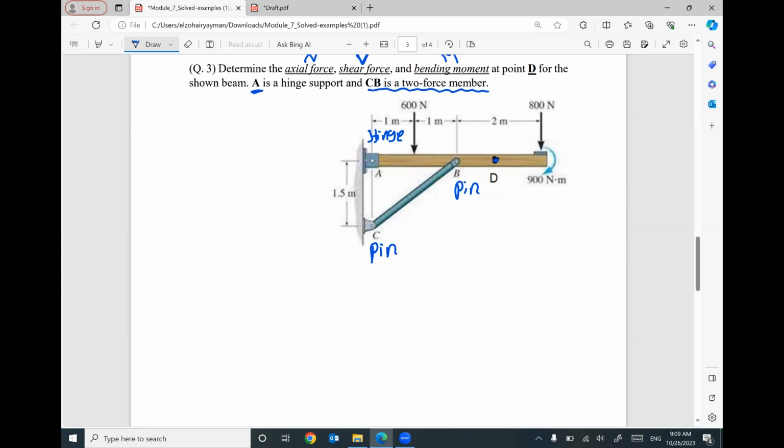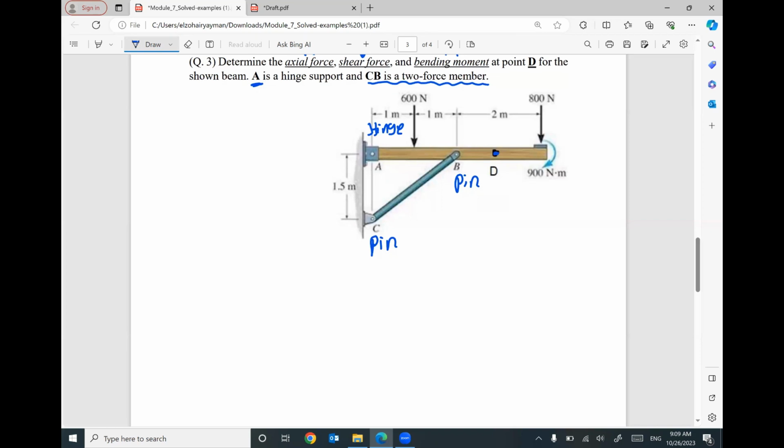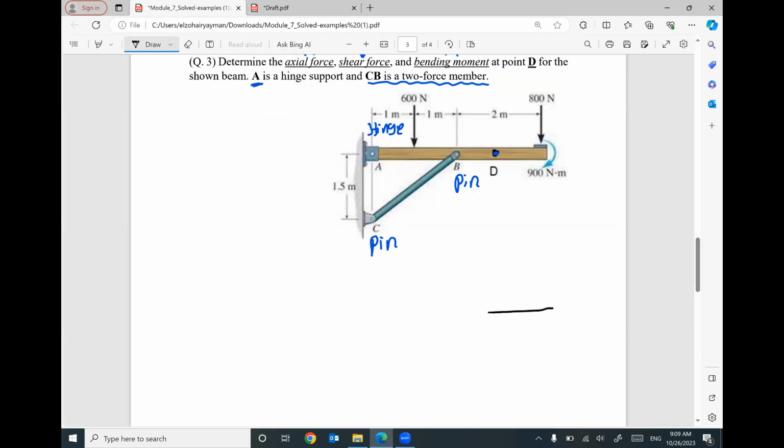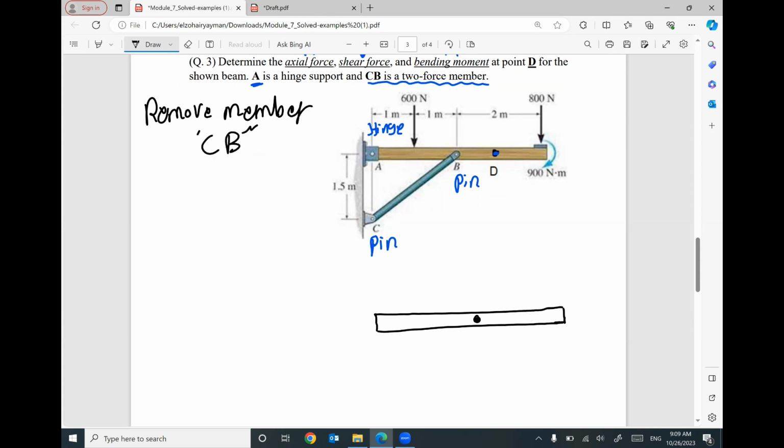If you would like to start to figure out the reactions for this kind of problems, I will remove the member CB, which is a 2 force member. Forget it.